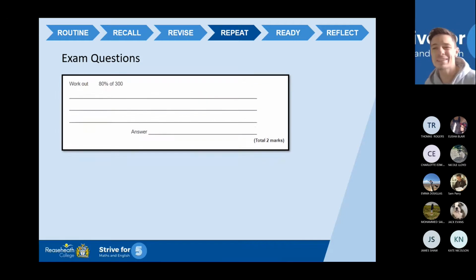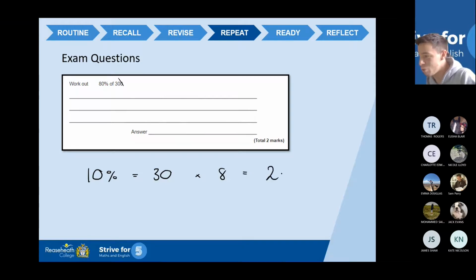Now this one, slightly more straightforward. I think you guys will appreciate this one slightly nicer. What we need to do is work out 10% and then times it by 8. So 10% of 300 is going to be 30. Times it by 8, gives me my 8%. So 3 times 8 is 24.